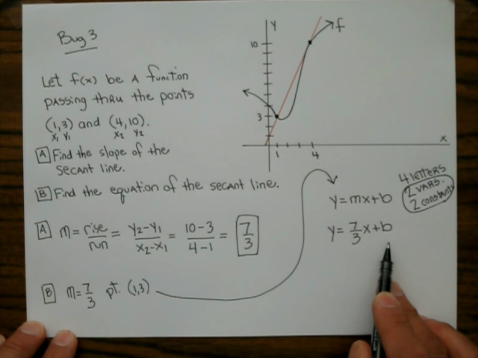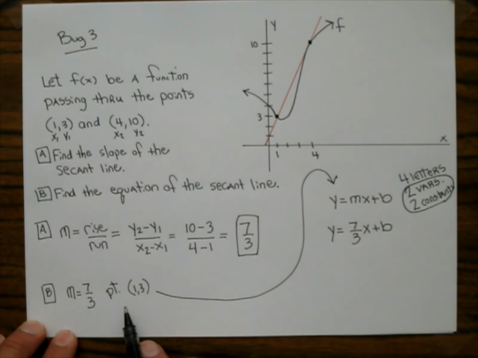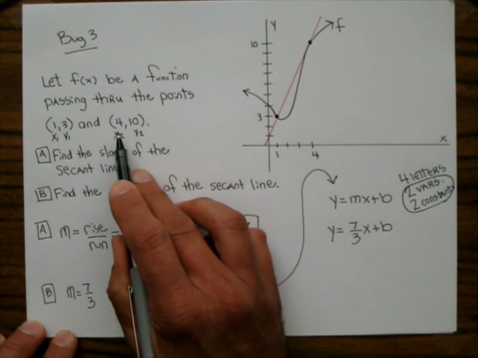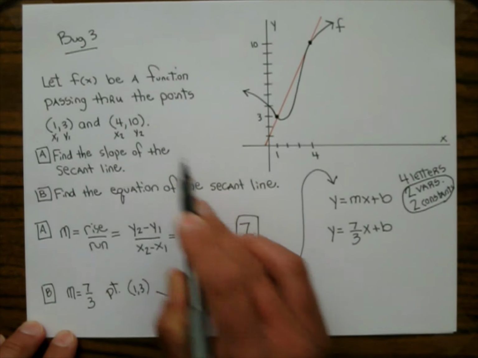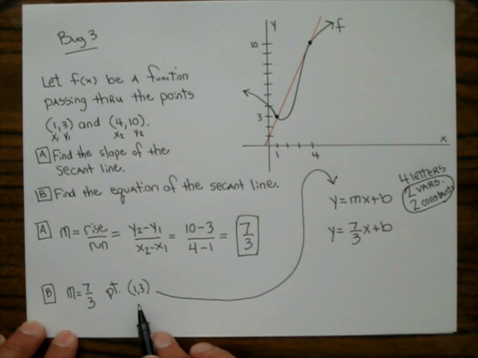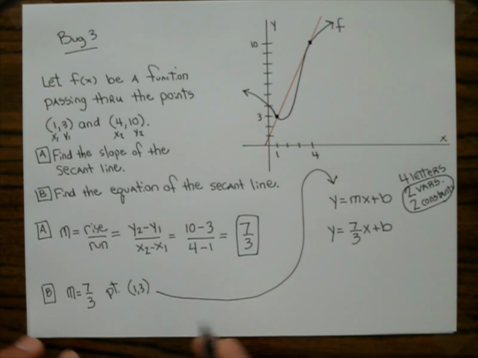To find b, one way to do it is to plug the point 1, 3 in for x and y. So this is just one instance, one point that's on the line. I could plug the point 4, 10 in there and get the same results that I'm going to get right now. So y is 3.